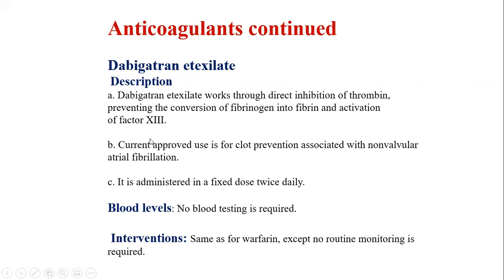The currently approved use is for clot prevention associated with non-valvular atrial fibrillation. It is administered in a fixed dose twice daily. No blood level test is required. Intervention is the same as warfarin.